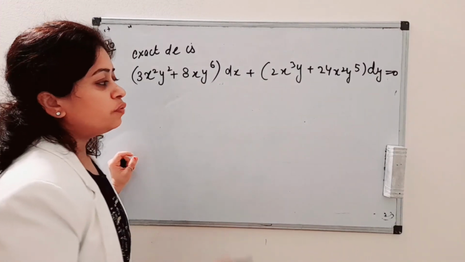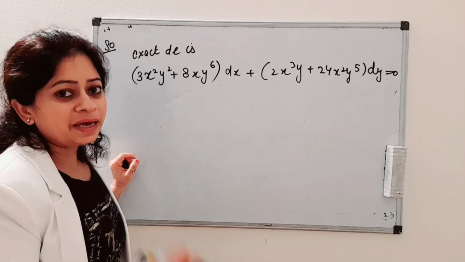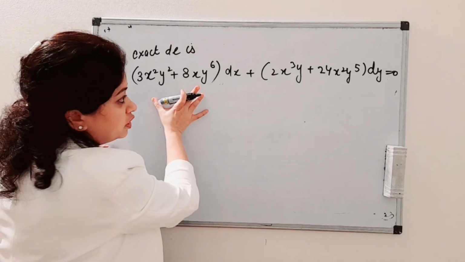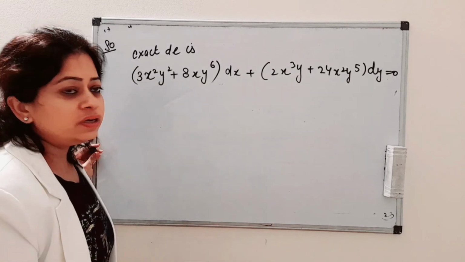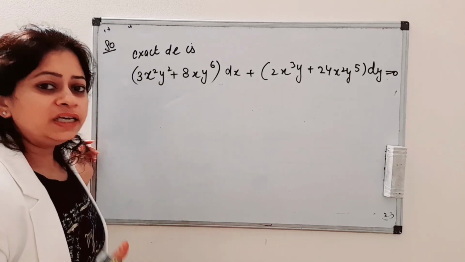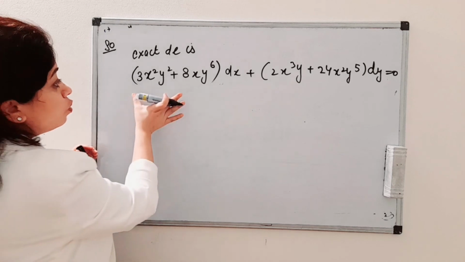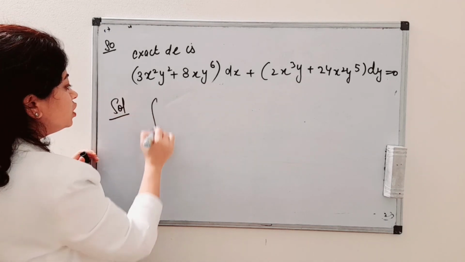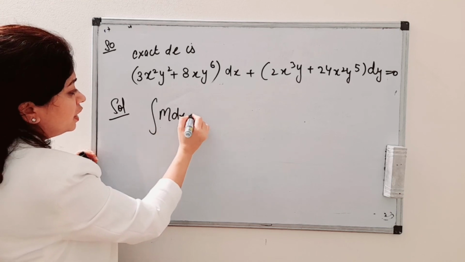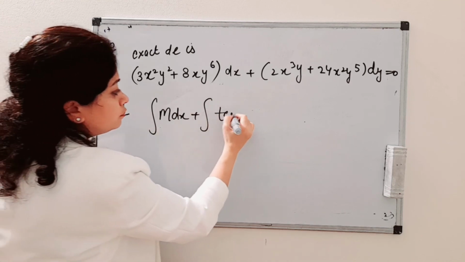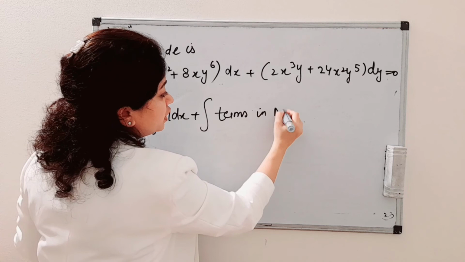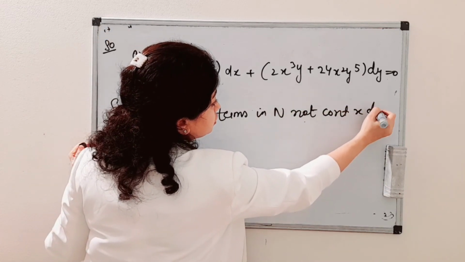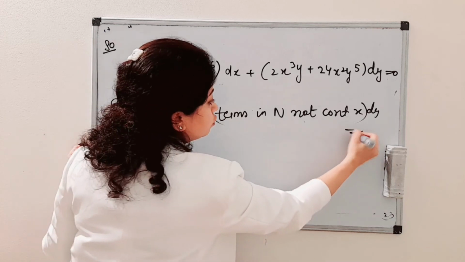So if integrating factor is xy, now we will write the differential equation again to solve it. Now when in equation number 2 you put 1 in the place of h and k, then you will get this equation which is exact because we have multiplied it with integrating factor. So now we have this equation, and how do we solve it? What is the solution? It is the integral of M dx plus the terms in N not containing x, dy, is equal to c.